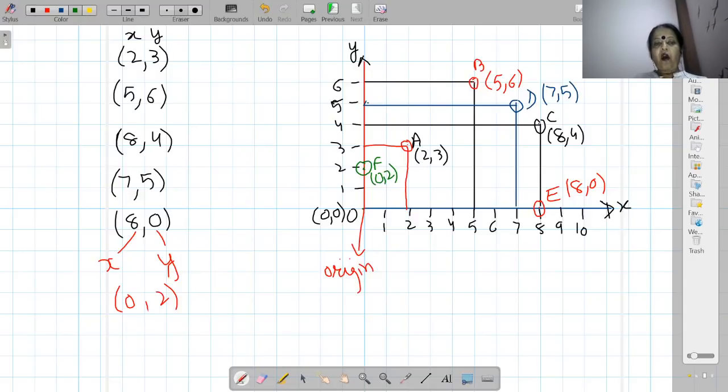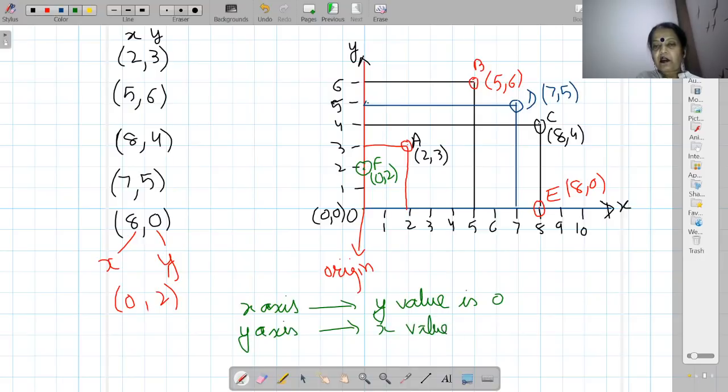That on x-axis, y value is always 0, and on y-axis, x value is always 0. Okay. So this concept you have to use.